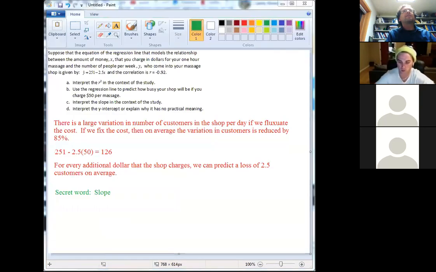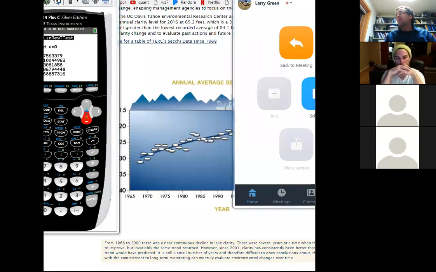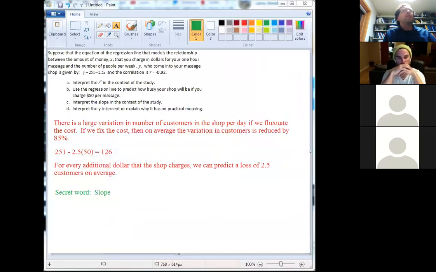The secret word is slope, because if you have a regression line and it's a good model, the slope is always useful. The y-intercept may not be useful, but the slope is always going to be useful because it tells you how much you predict y to change if x changes by 1. It might be negative, it might be positive. The slope and the correlation always have the same sign. Not the same number, the same sign.